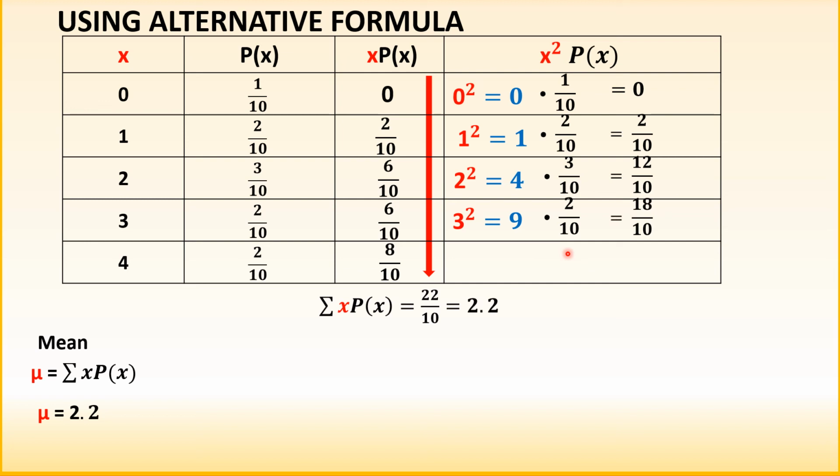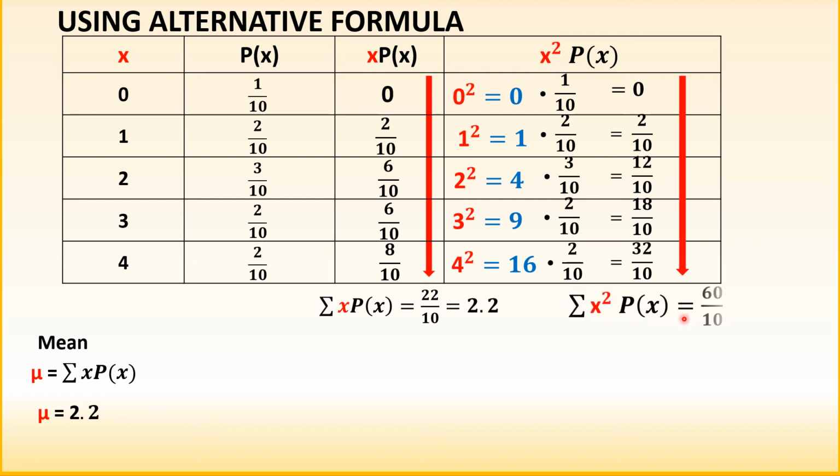So, that is equal to 18 over 10. And then, the last one, 4 squared is equal to 16. Multiply natin sa 2 over 10. And that is equal to 32 over 10. Then, get the sum. So, we will have now the summation. And that is equal to 60 over 10. And 60 over 10 ay 6.4.